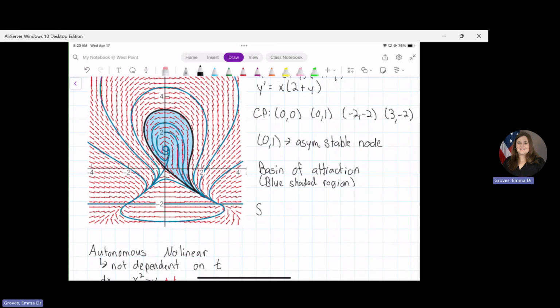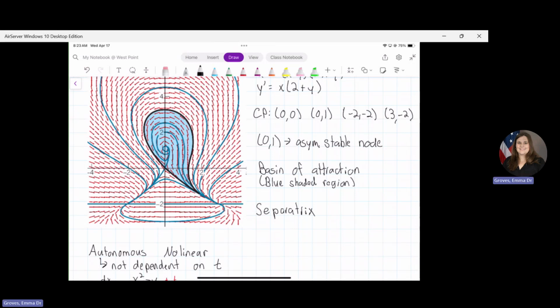And then your separatrix, that's how I'm going to pronounce it, separatrix, is that trajectory that is separating the points that are attracted to that critical point from the ones that aren't. So in this case, it's the outside of this basin.